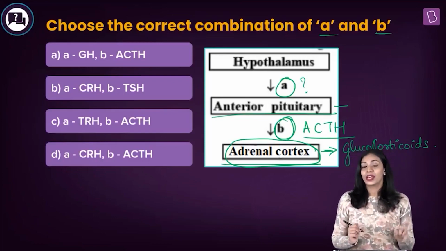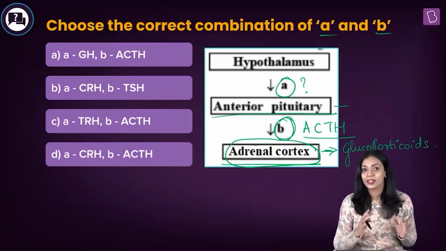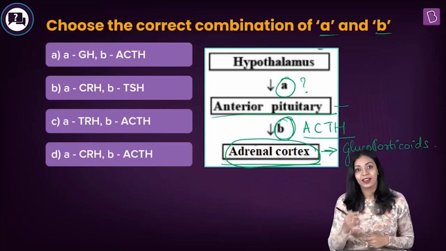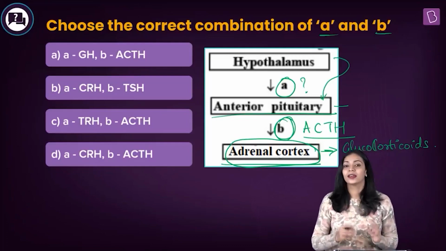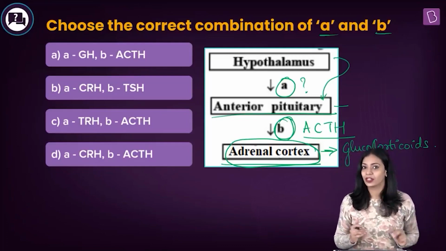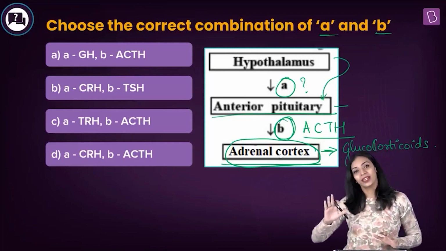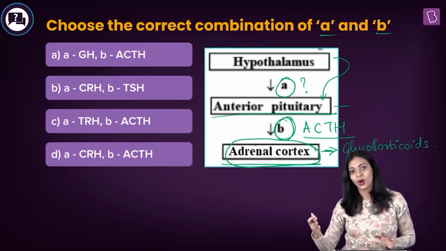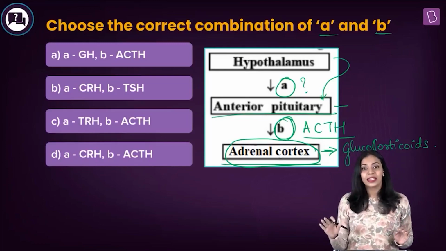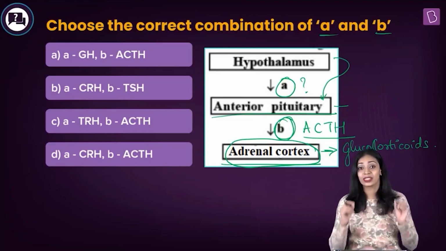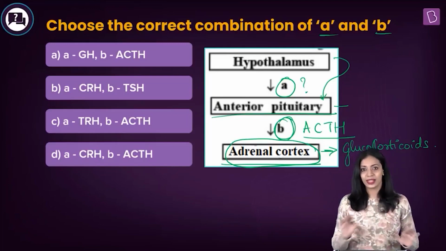If pituitary is known as the master gland, then the hypothalamus is called the master of master gland because the hypothalamus regulates the functioning of the anterior pituitary. The hypothalamus produces 2 different types of hormones. One type is known as releasing hormones and the other type is known as inhibiting hormones. Both the releasing as well as inhibiting hormones will act on the anterior pituitary itself.